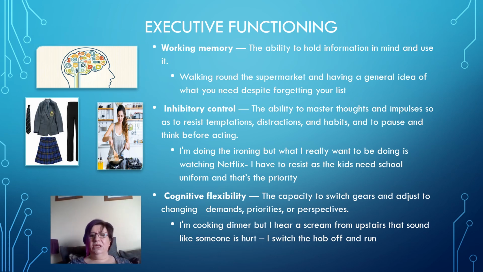The second bit of it is inhibitory control, and that's the ability to master thoughts or impulses so as to resist temptation, distraction, habits, and to pause and wait and think before acting. If your child's autistic, if your child's got ADHD, this is so difficult because they literally think, do.